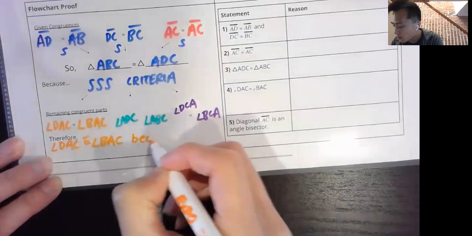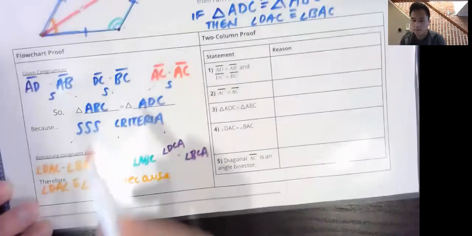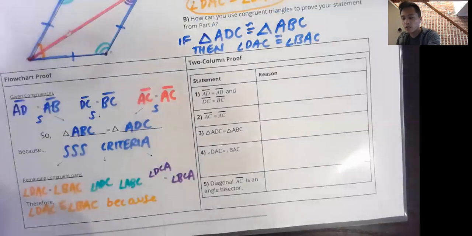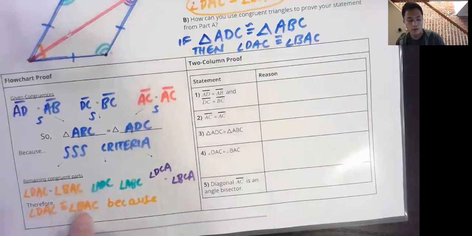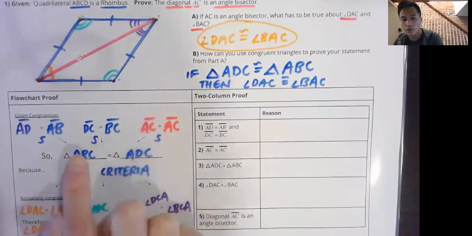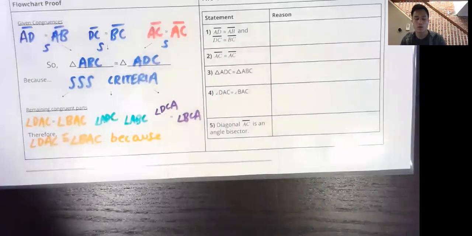because, right, you always need to say why. Well, the reason why I know that these two angles are congruent is because we proved that the two triangles are congruent up here. And if the two triangles are congruent, then all their parts need to be congruent as well.